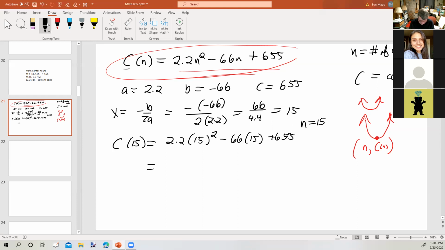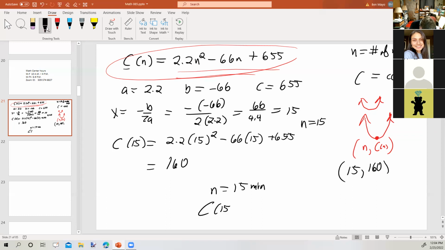And doing the calculations, I'm coming up with 160. So basically the vertex is that. n equals 15 minutes, and C equals, or C of 15, I guess we could say.